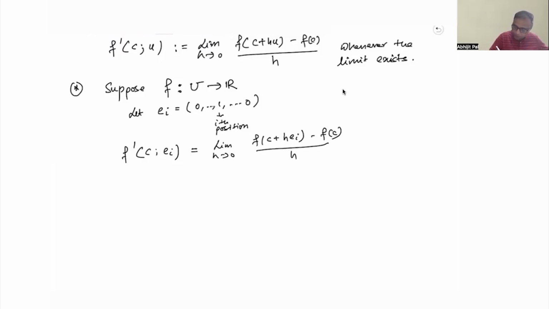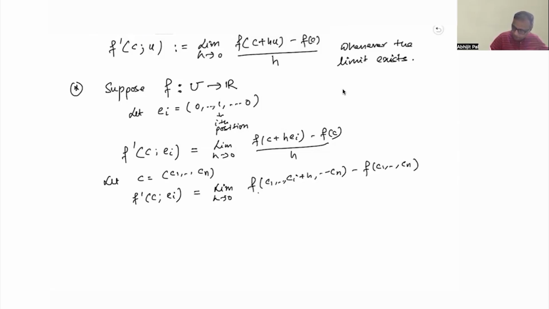Let C equal C1 to Cn. Then f prime C e_i is the limit as h tends to 0 of f of C1, ..., Ci plus h, ..., Cn minus f of C1, ..., Cn, whole divided by h.